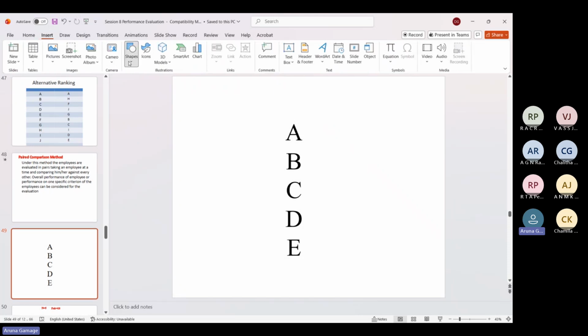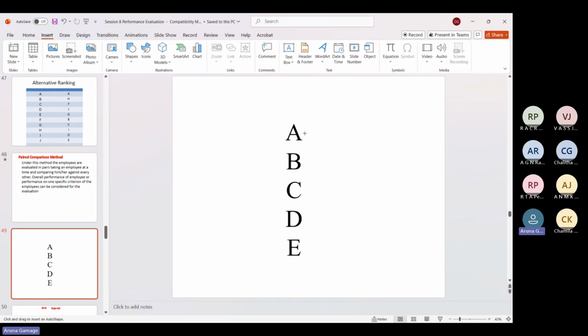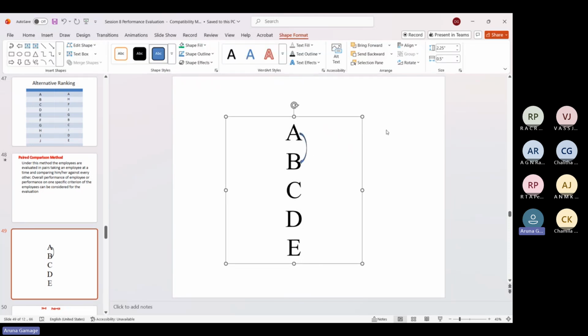For example, take A. A is compared with B. Who is the best one? Best one may be either A or B. Anyhow, the best one is given a point.